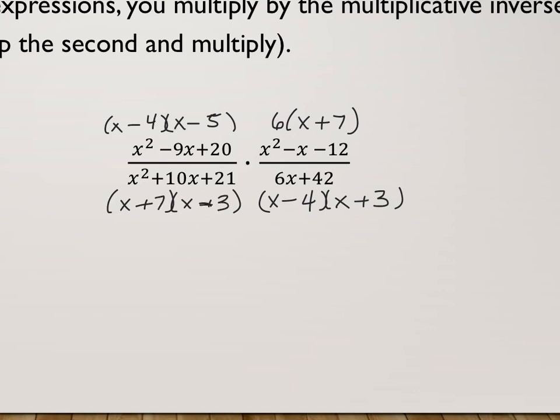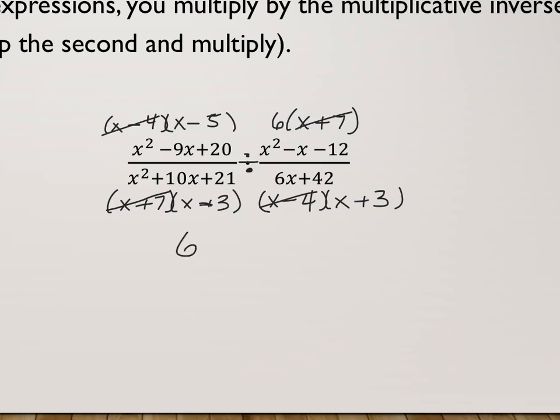And now I have, this was a multiplication problem. I think we wanted that to be division. So I flipped that one already. And now I can cross cancel the x plus 7s, the x minus 4s. And that's it.